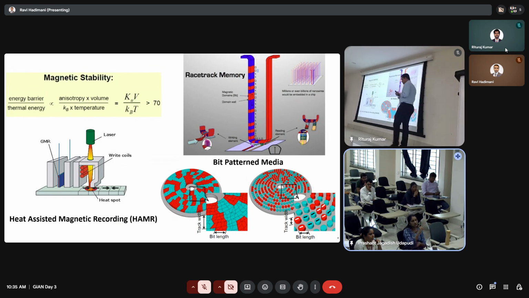So in simple terms, the energy needed to demagnetize a smaller grain is much smaller than the energy you need for a larger one. This is the anisotropy energy, Ku, that depends on the grain size. So Ku multiplied by the volume of the grain divided by kBT.